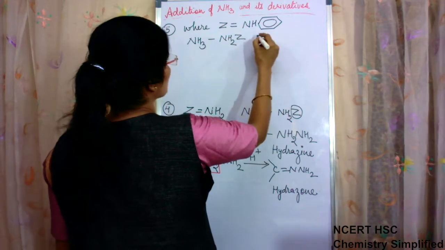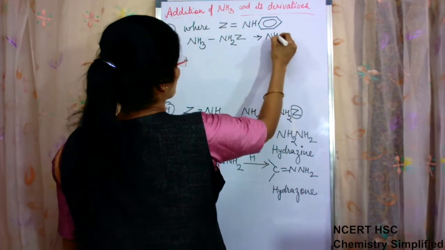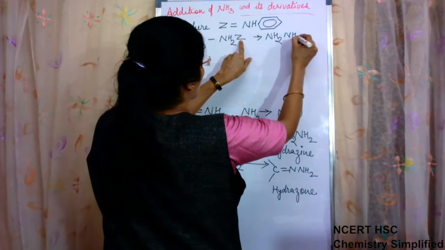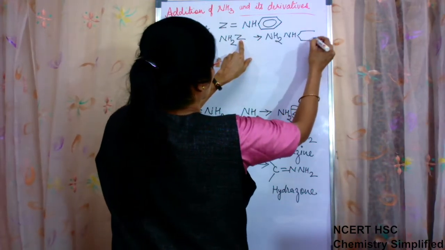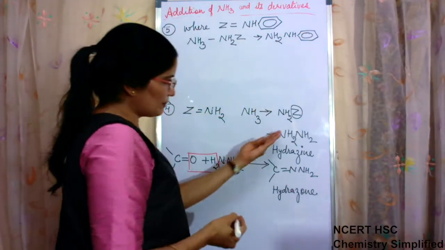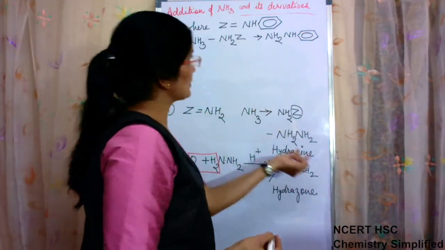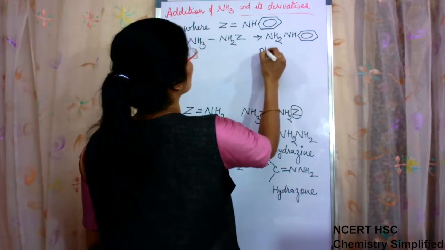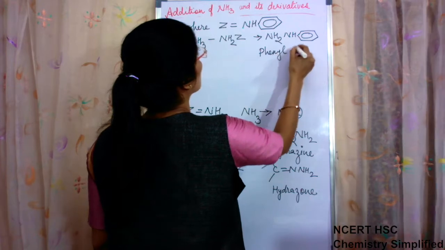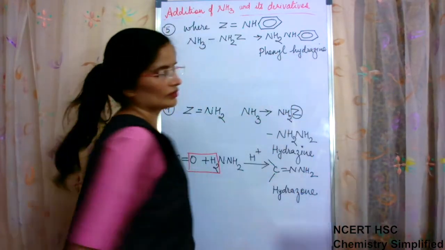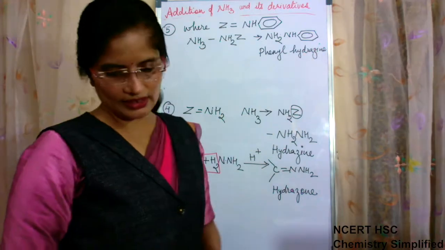So your substituent here is NH2 as it is, and this Z will join here as NH and a benzene ring. The simple name for NH2NH2 was hydrazine. NH2NH and one benzene ring is phenyl hydrazine. So this is phenyl hydrazine.